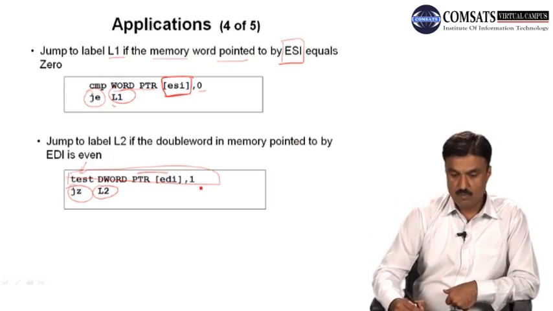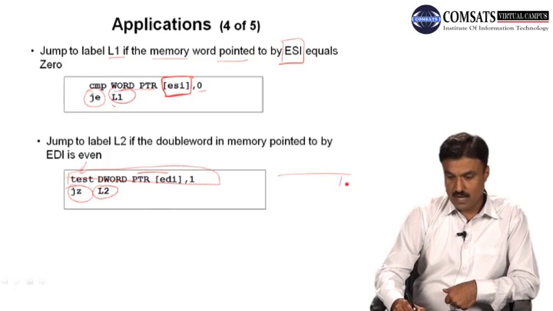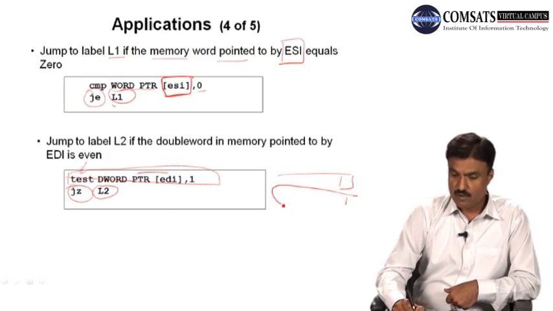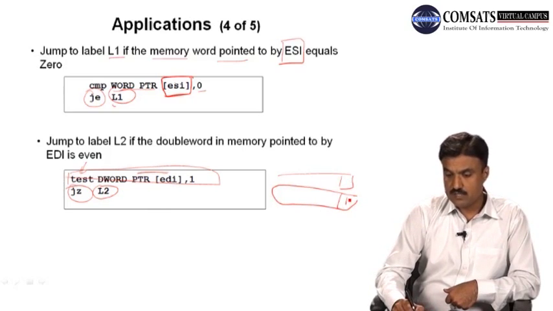Whatever the value is, we have to check only the rightmost bit: for that one bit it is 1, the others are 0, across all 32 bits.